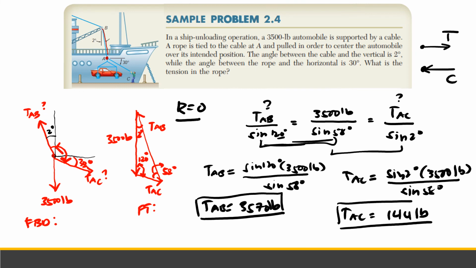So 144 pounds, ito yung kailangan exert na effort ni guy here, si Superman. So 144 pounds is roughly around 70 kilograms, no? So malakas si Superman. Okay, so that's it for this problem.